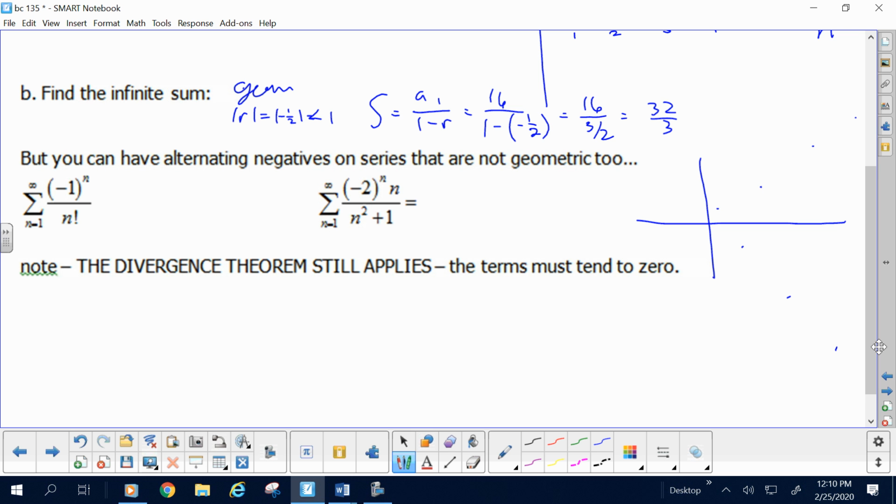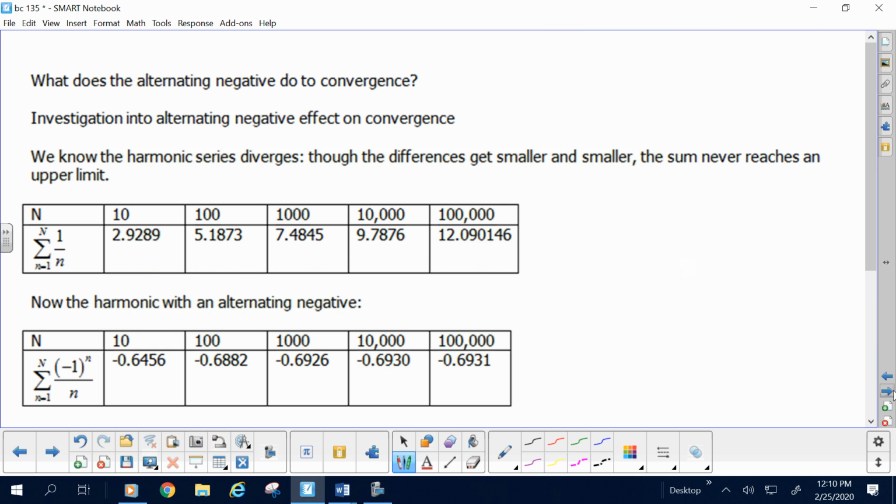Understood? Okay. Now then, let's talk about the effect of that alternating negative on convergence. What does it do to convergence? So let's say we look at the harmonic series, and by we, I mean I already did all the work for you. You're welcome. If I look at the harmonic series and I add increasing orders of magnitude, it gets bigger, and it doesn't get bigger very fast, but it does always get bigger.